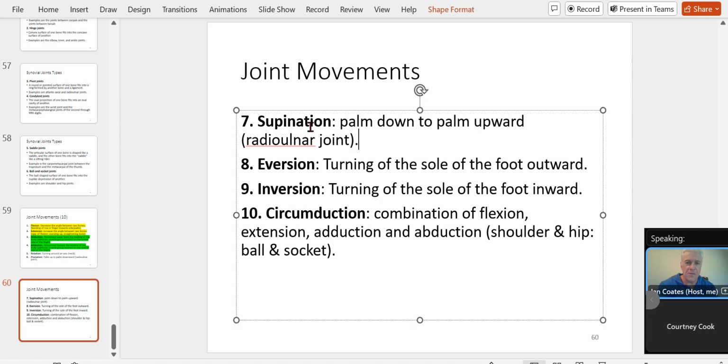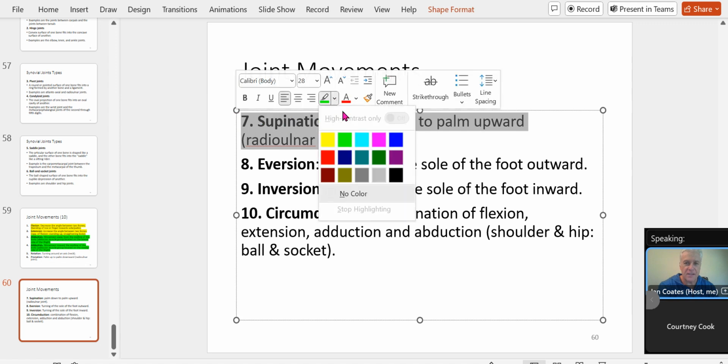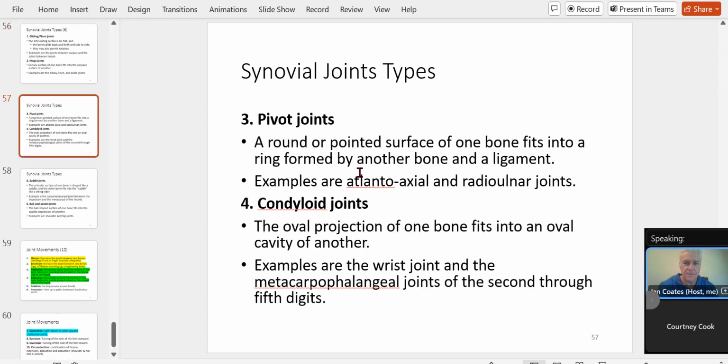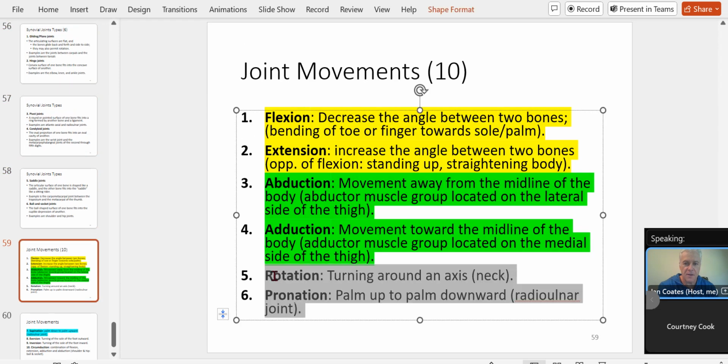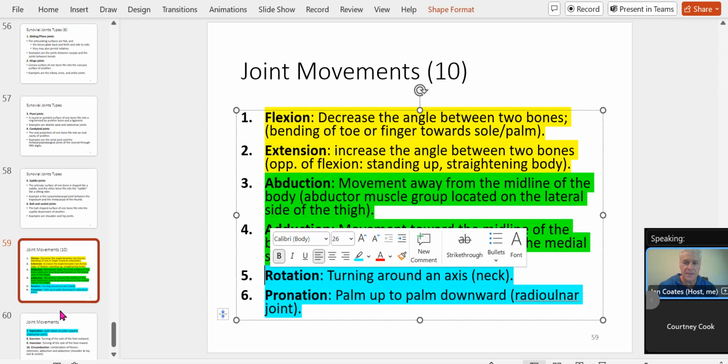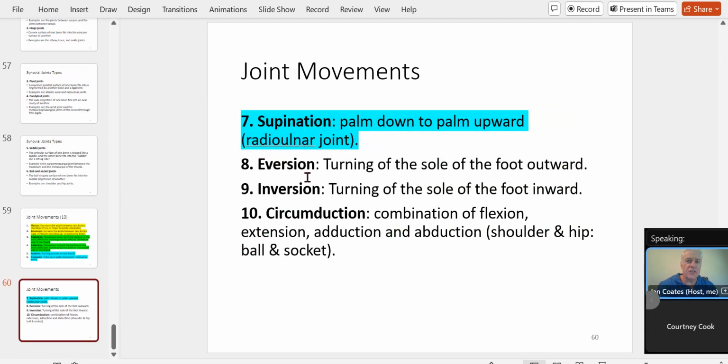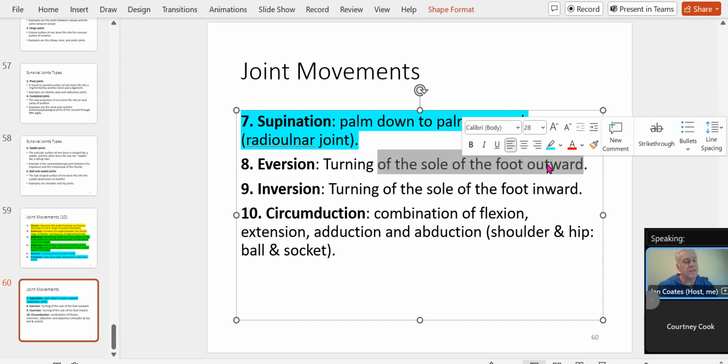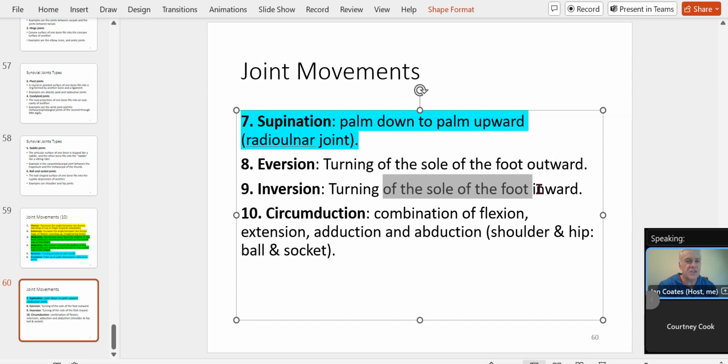There's some more there that I'm trying to do with colors. Maybe you want to know them like that. Eversion and inversion: turning of the sole of the foot out, turning of the sole of the foot in.